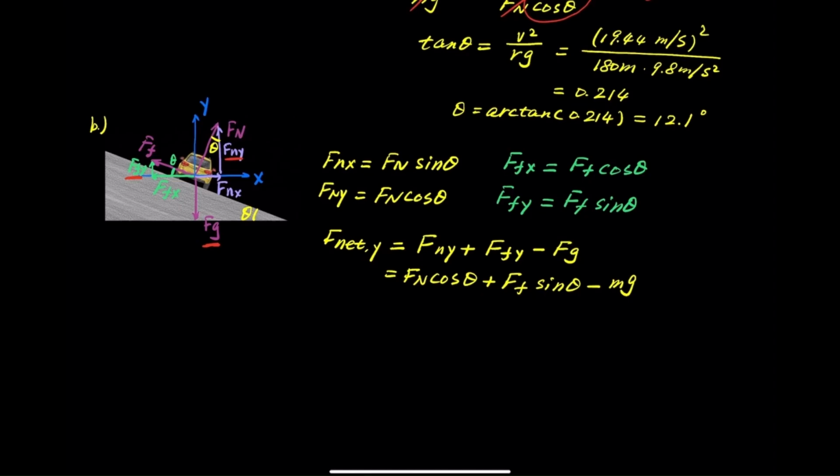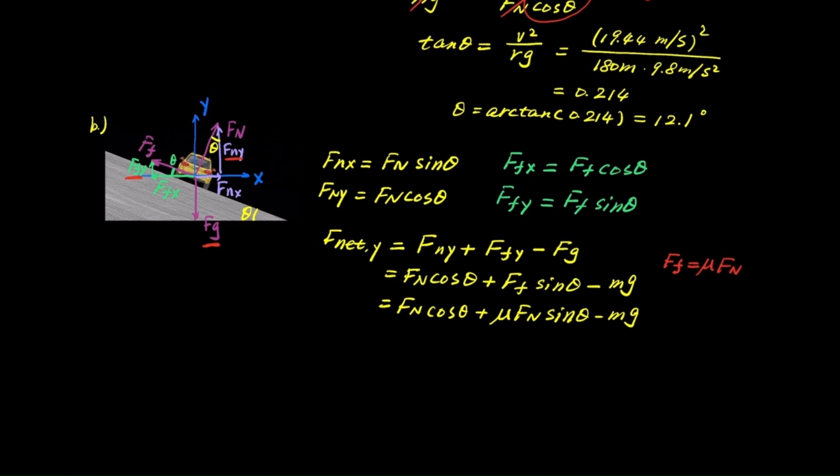Now we know Ff equals mu Fn, right? We can substitute that in, giving us Fn cosine theta plus mu Fn sine theta minus mg.